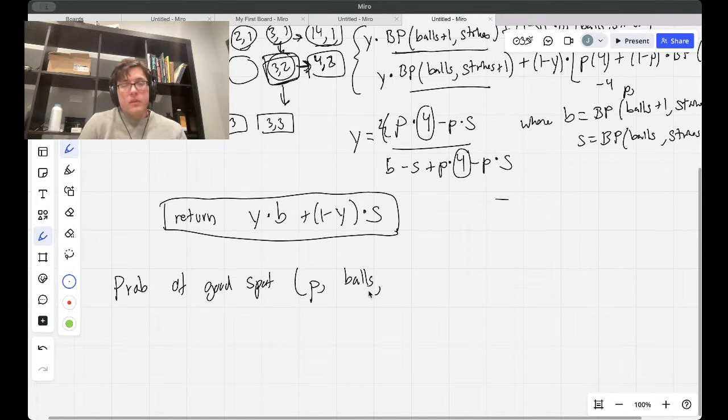This is good for the batter, but for us it's bad, because we care about maximizing the probability of reaching this state. 4-0 returns 0, 4-1 returns 0. We don't need to worry about 4-2, but 0-3 also returns 0, 1-3 returns 0, 2-3 returns 0. And then 3-2 returns 1. So this is our good state.